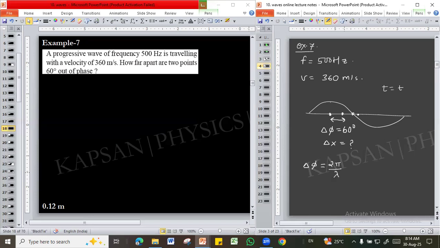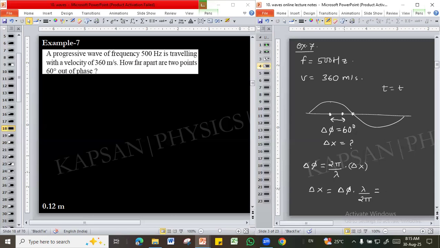If you travel distance equal to lambda, phase changes by 360 or 2 pi, into your separation, into your distance. So what is your distance? That is path difference, and this is phase difference. So path difference will be equal to change in phase into lambda upon 2 pi.